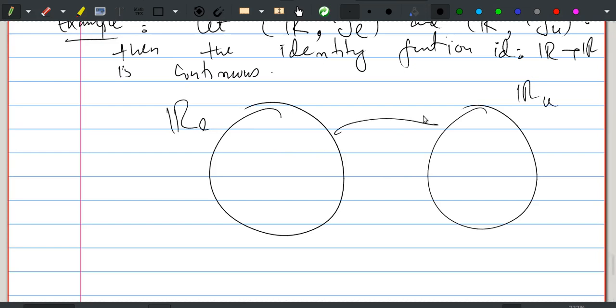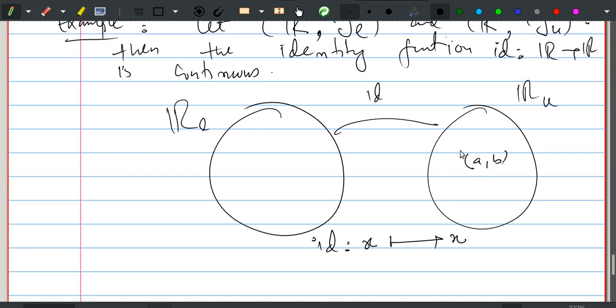Now we have to prove the identity function is continuous. By identity function we mean the map which sends any element to itself. So if we take any open set, let us pick a basic open set, which in this case is an open interval (a, b), and let us look at the inverse image of this open interval under this map. So this is going to be an open interval.